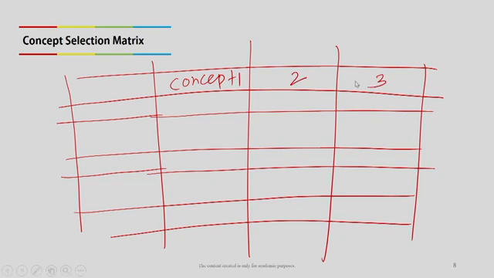You have to make a matrix something like this, and you have to note down all those constraints. You must remember, during the discussion of the dot furniture, I mentioned some of the criteria based on which we selected the final concept. Similarly, all those constraints or criteria you have to list down here.